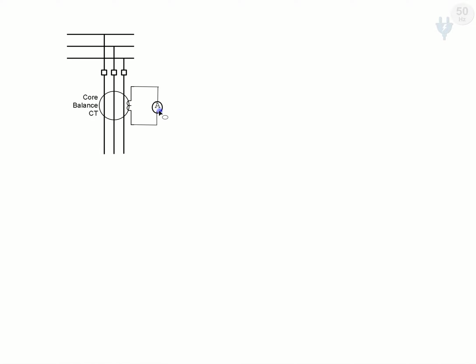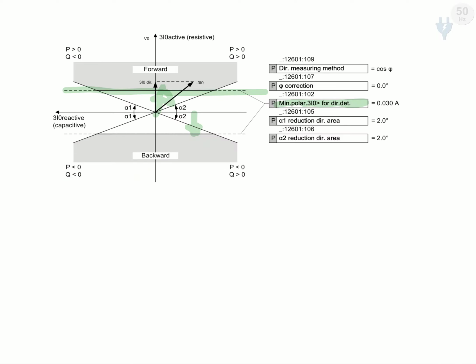That amount of the current, that is expected measuring current during the fault, divide by 2. That amount we select for the minimum polarization current.